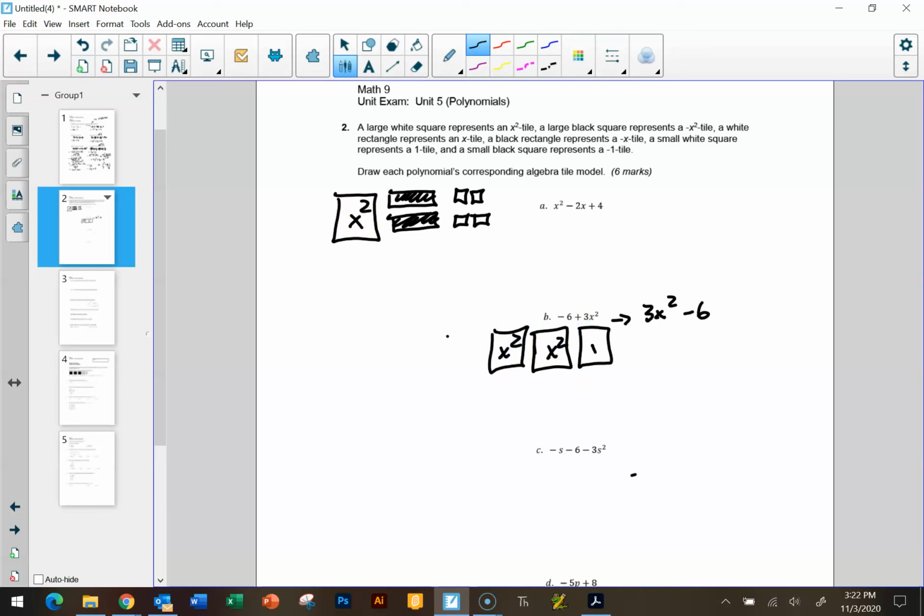You don't have to write this in there, but sometimes I do. Minus 6, so that's a constant, there's no variable, which means it's going to be shaded in tiny squares. What is that, 5? One more.